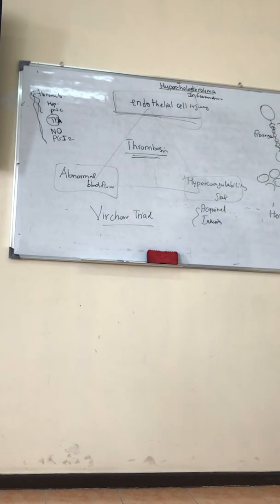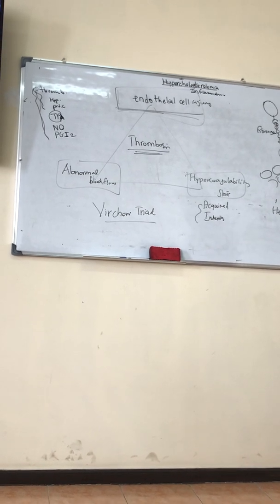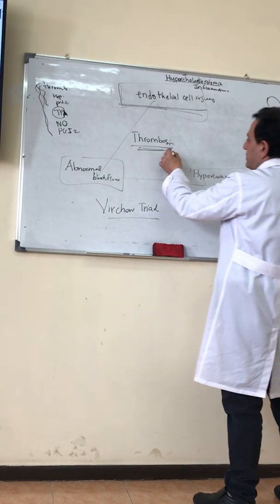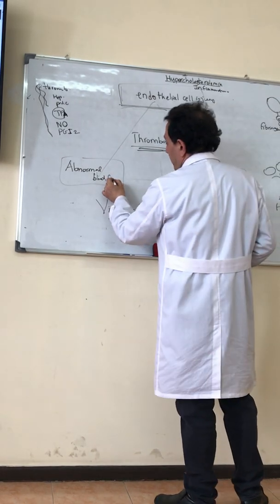So when we use the word activated for endothelial cell, we mean that it is injured, and then it can cause thrombosis or abnormal blood flow.